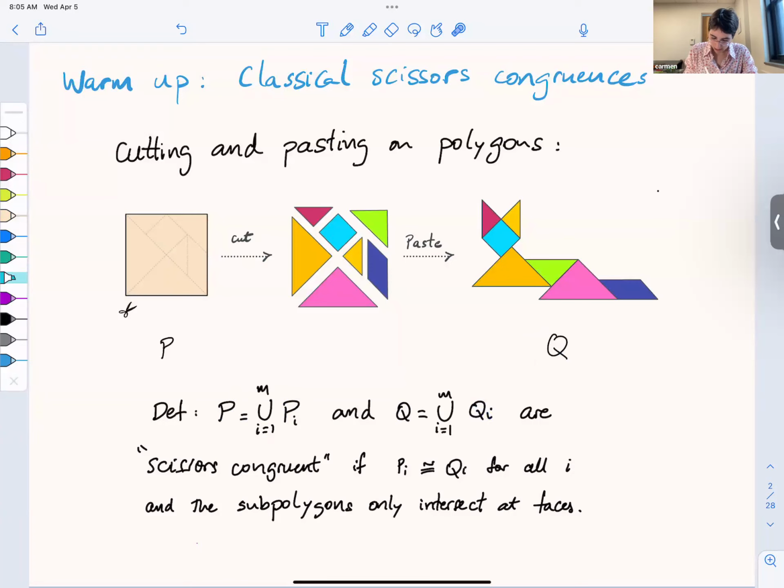These two polygons are scissors congruent if the pieces coincide, just as we can see from this picture. These would be the P_i, and if you look at the other polygon, you just relabel them to call them Q_i. But if you want things to be scissors congruent, they should coincide. Okay, so this is the main idea.